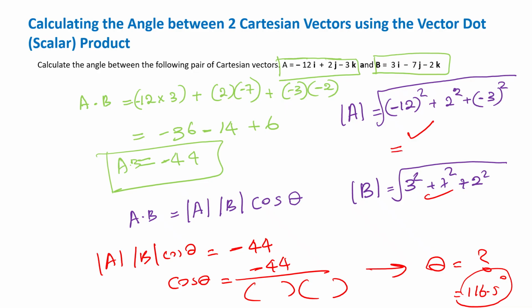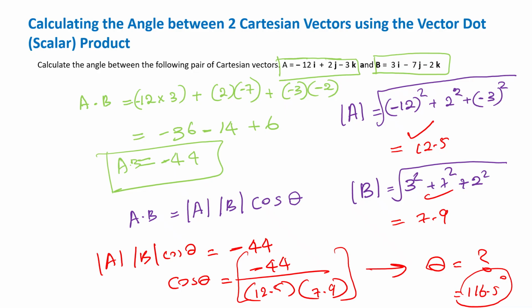It's 12.5. B? 7.9. Okay. Yeah, cos inverse of this. Are we good?